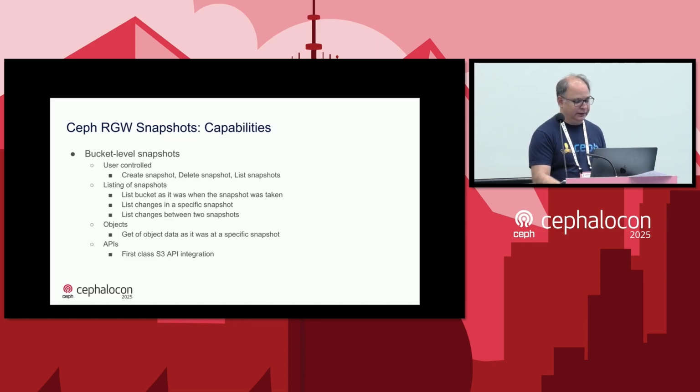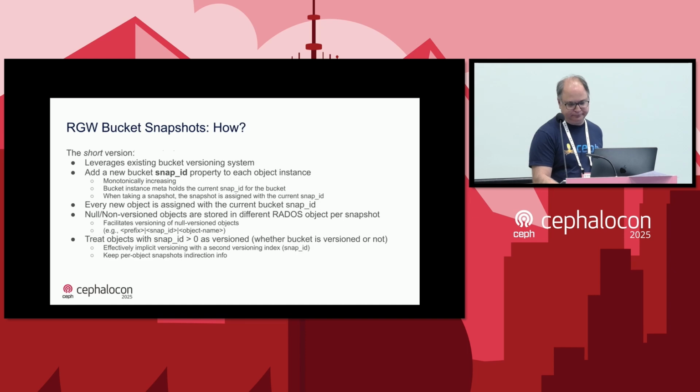And obviously, most important, you can actually get the data for each object per snapshot. So it's not just showing you what the snapshots have, but also the objects that might have changed in between snapshots. You can get the old data. And as part of the implementation, we introduced S3 API, so it's fully integrated into S3 API.